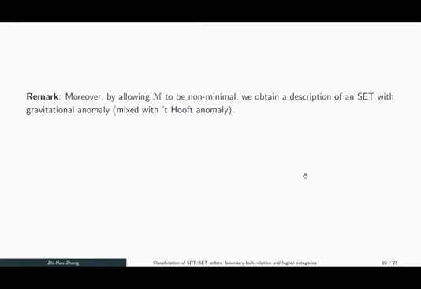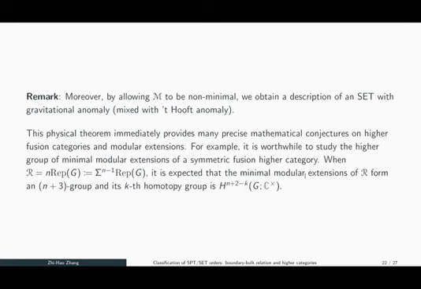The gravitational anomaly means the bulk may have non-trivial topological order, so the bulk is a topological order, maybe not a minimal modular extension. This physical theorem immediately provides many precise mathematical conjectures on higher fusion categories and minimal modular extensions.